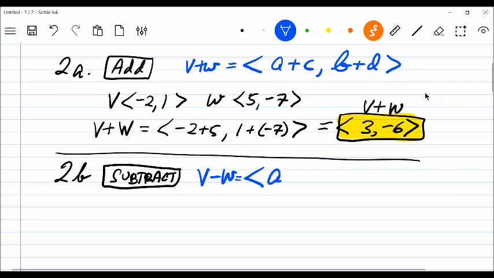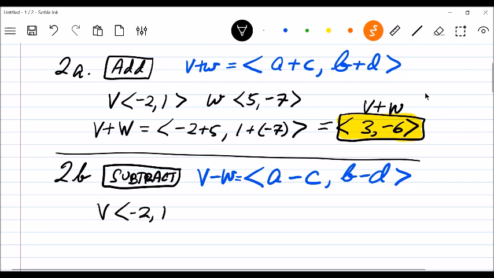I'll put it to be safe. It's going to be simply minus the type of thing, B minus B, B minus D. So let's use the same two vectors, -2, 1, and W is 5, -7.